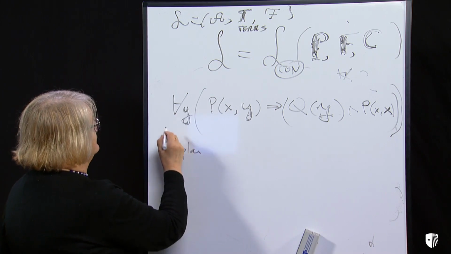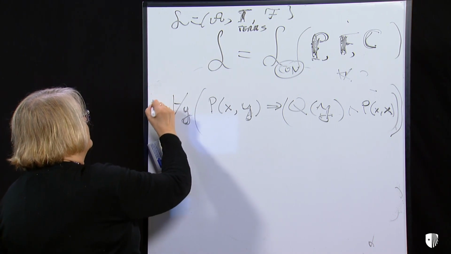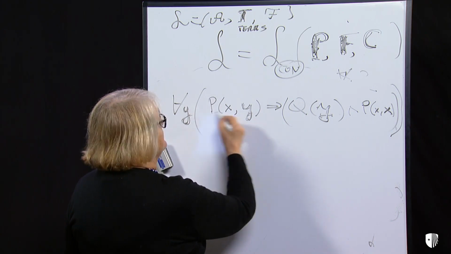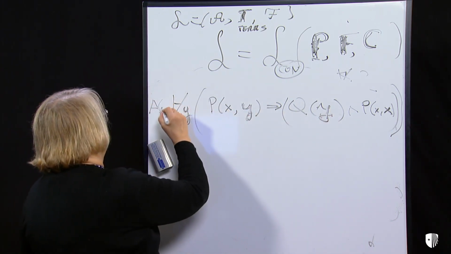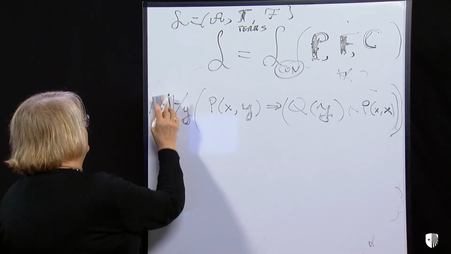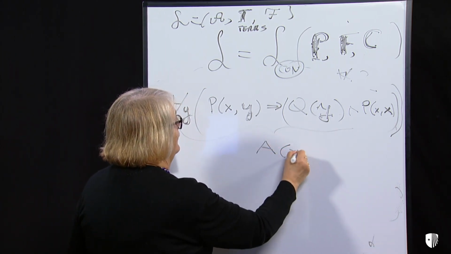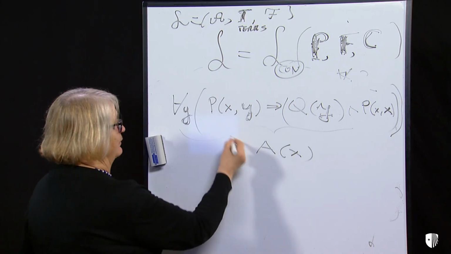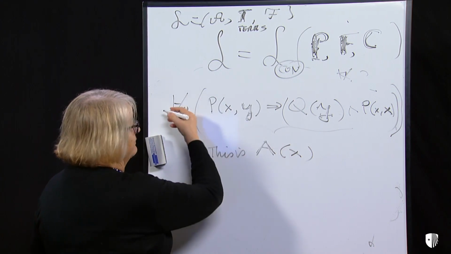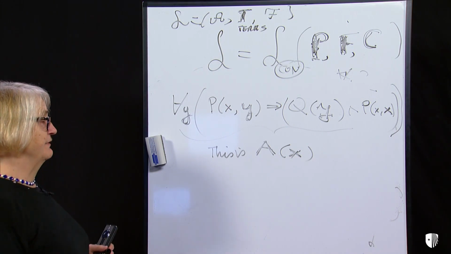So you can see that this formula, you can say that this formula is A, y is bound. This binds y, has x as a free variable. So this formula is a certain formula with x as a free variable. So this is a formula A, the whole thing, which has x as a free variable.